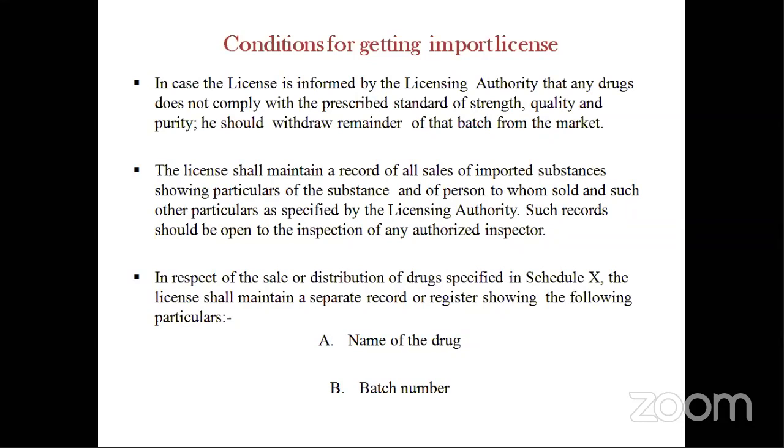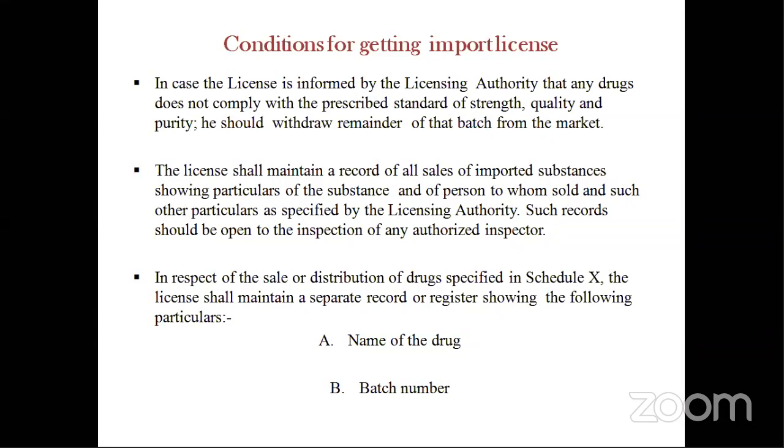Next is that the licensee shall maintain a record of all sales of imported substances, in particular of the substances and of the person to whom sold, and such other particulars as specified by the licensing authority. Such records should be open to inspection by any authorized inspectors. So when you get the license, you first prepare records for all sales or imports of substances.